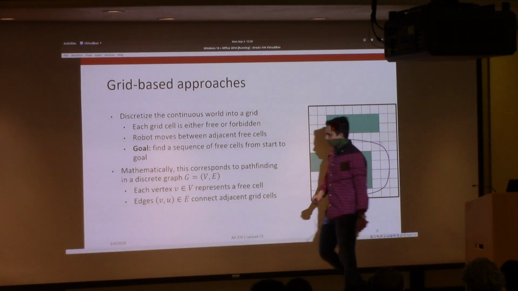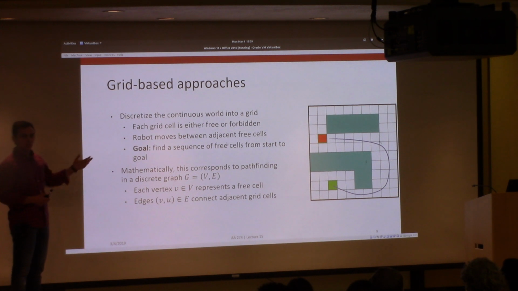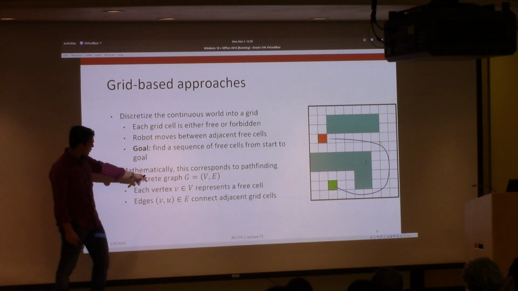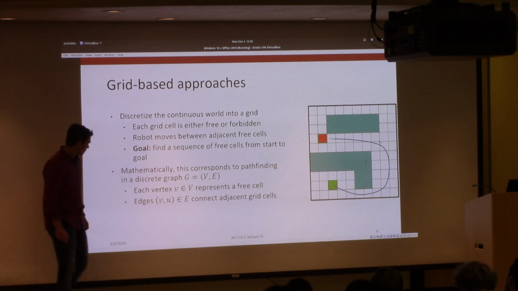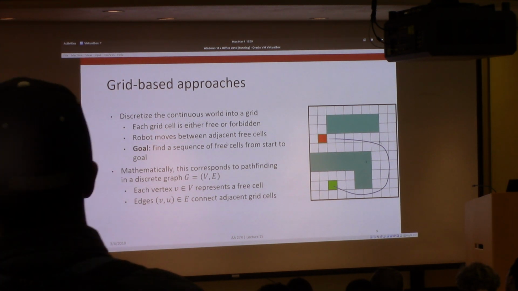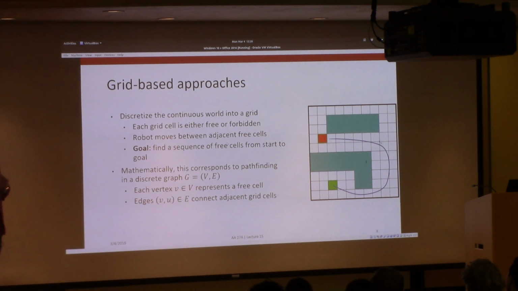And let me be more formal here. We can describe our new problem, the discretized version of the problem, as a graph G, consisting of the vertices V and the edges E, where every vertex represents a free cell, and an edge represents connections between adjacent cells.